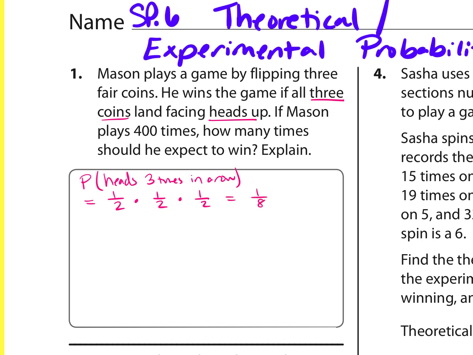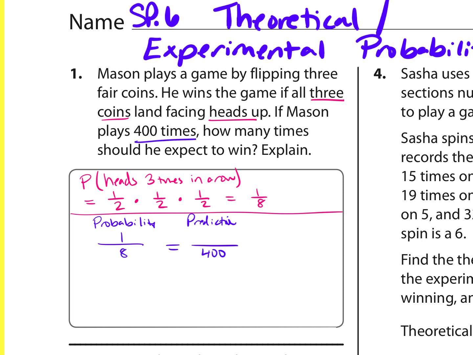Okay, so now let's use this then to make a prediction. We're going to take our probability and use it to make a prediction. So our probability was that it would happen 1 out of 8 times. So out of 400 times, what would you expect to happen?